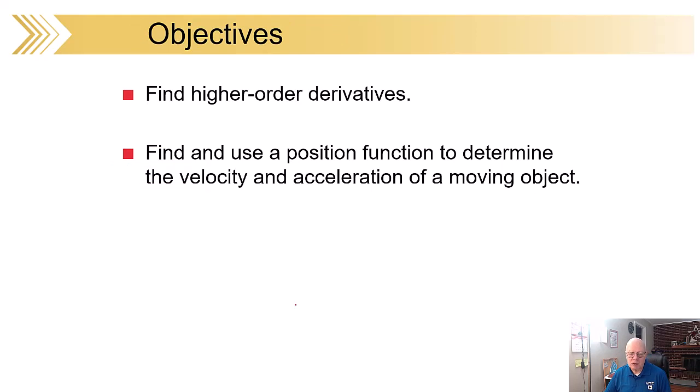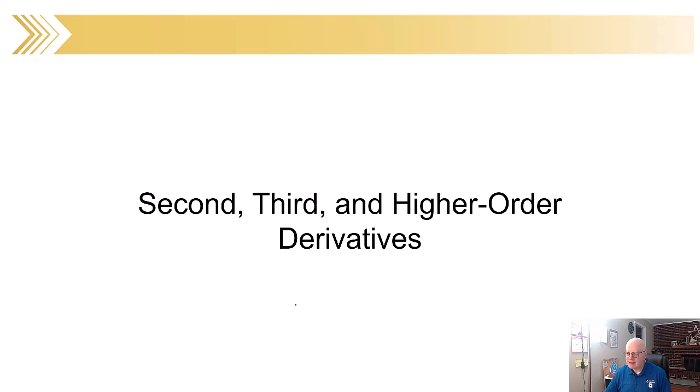We're going to use the position, velocity and acceleration concepts, but it's all about higher order derivatives. So let's get started. It's very easy. I can tell you in 1 minute enough that you can probably take off and work all the problems you need to, or work examples in your field.